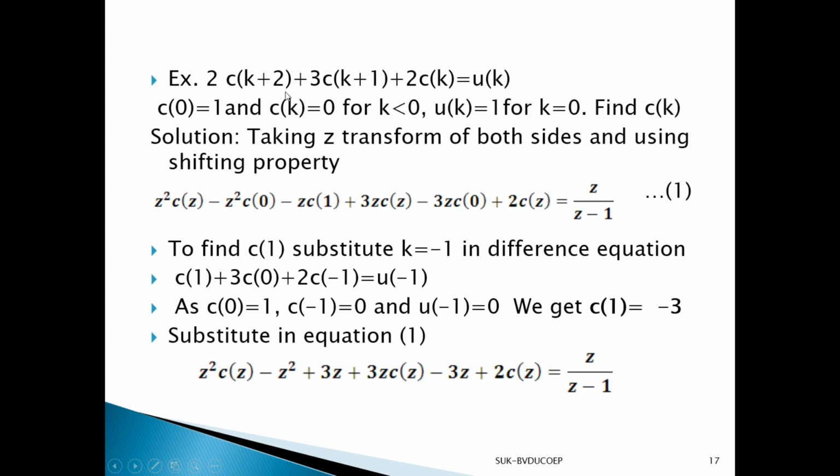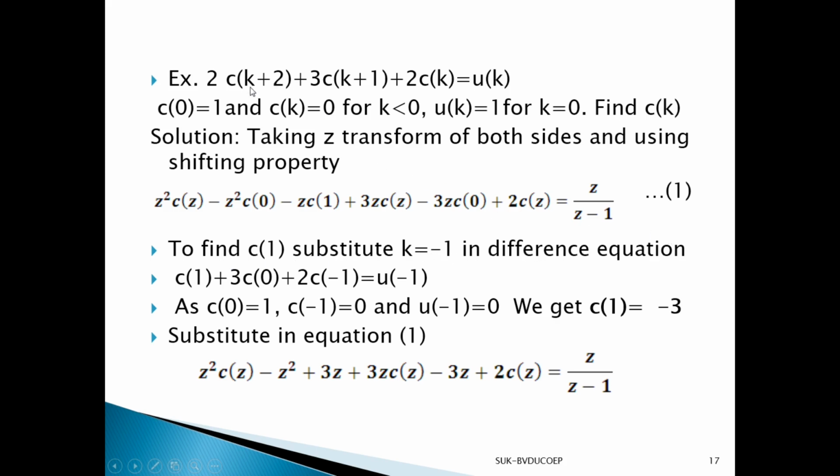Now here C1 is not given, C0 is given and c of k equal to 0 for k less than 0. So C1 is not given, so you have to find it out. You must have done such types of examples in Laplace also to find the initial value. Same way here to find C1, what I will do is substitute k equal to minus 1 in the difference equation.